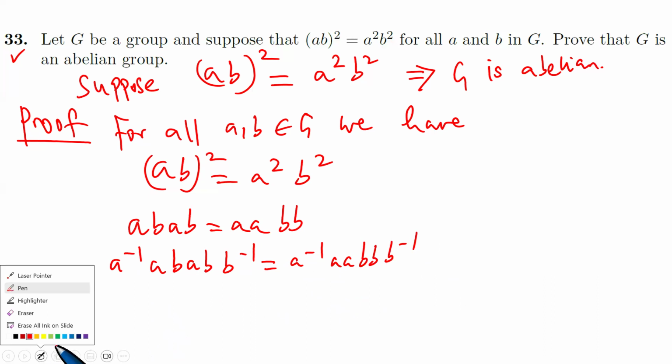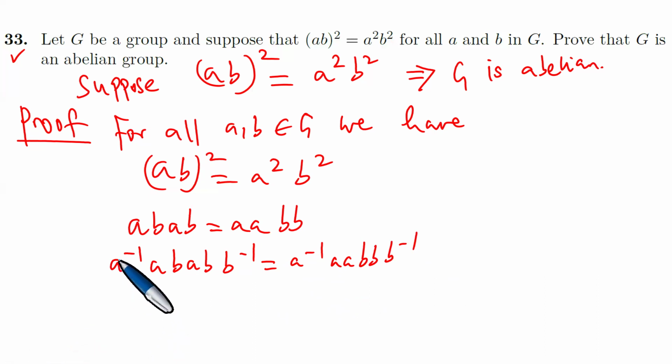Now we can see that A inverse A is the identity, and B B inverse is the identity, leaving us with BA equals AB.